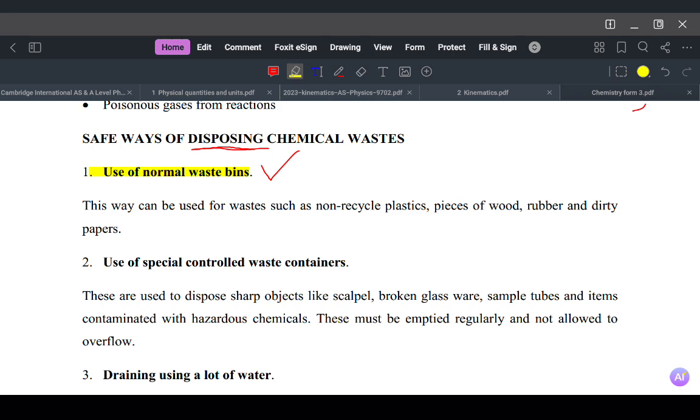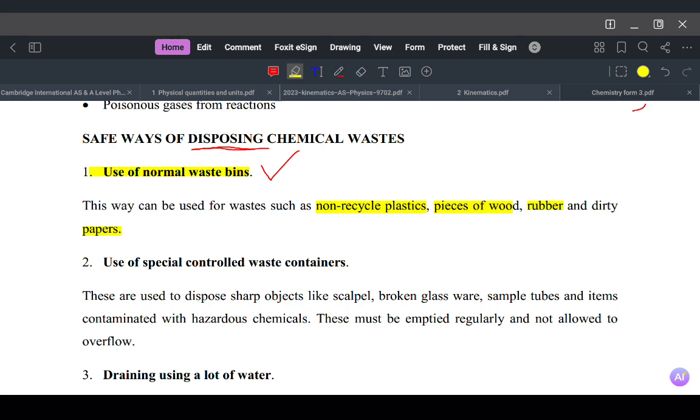So this way can be used for waste such as non-recycled plastics, pieces of wood, rubber, and dirty papers. These can be thrown into normal waste bins.